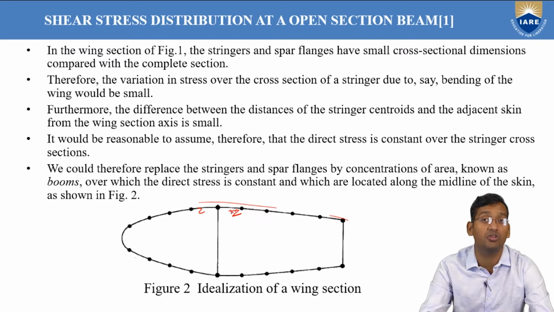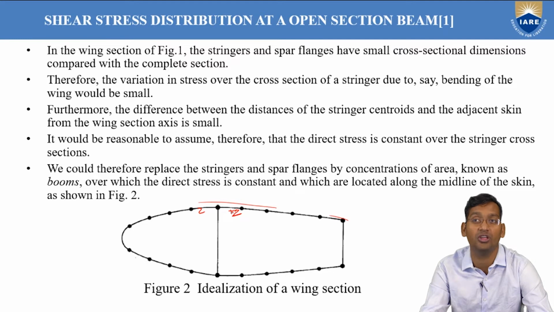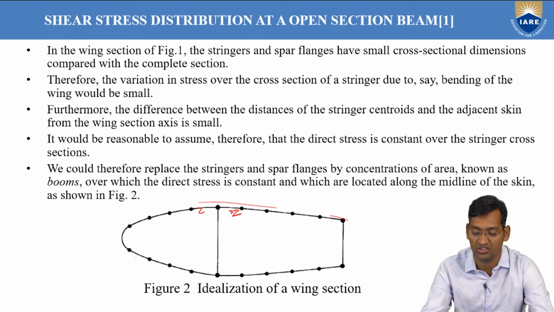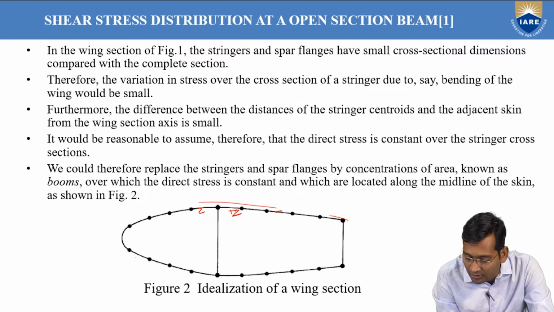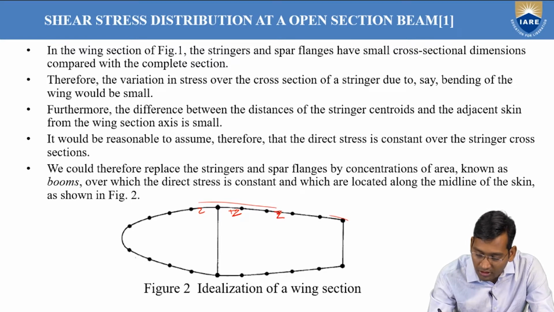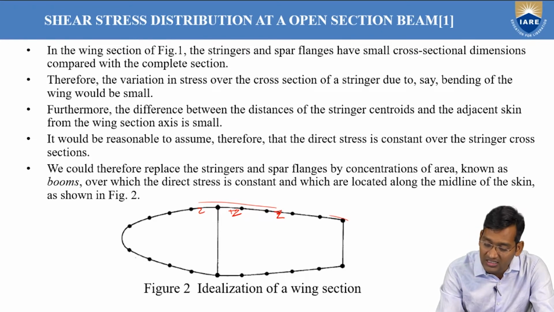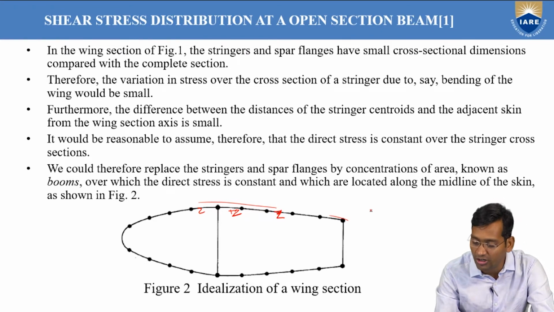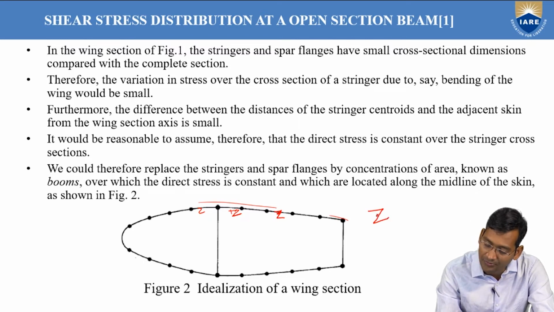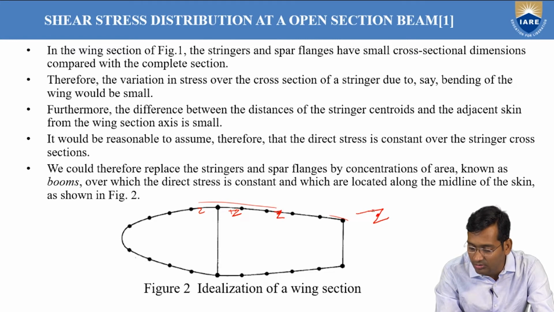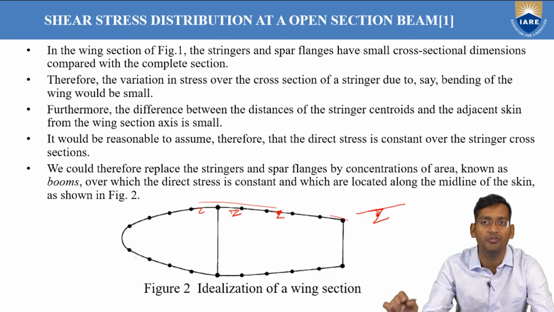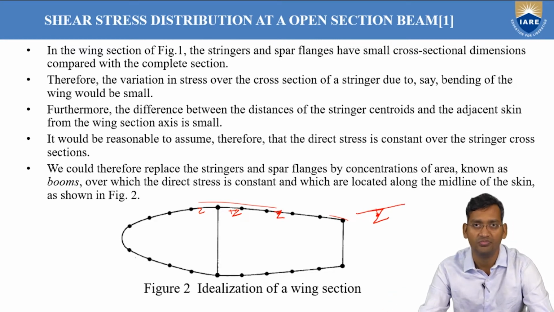Furthermore, the differences between the distances of the stringer centroid and the adjacent skin from the wing section axis is also small. Somewhere here their center of gravity will be, so the distance from the centroid of this stringer to the skin is also very small, because we assume the stringer is very small.